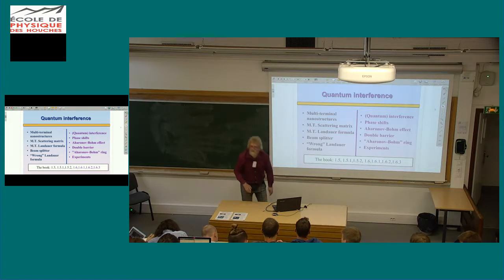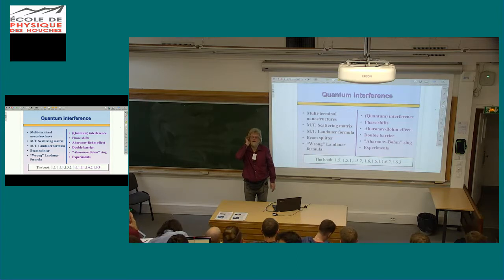Yes? In the formula, could we take into account the interference of incoming and right-going and left-going beams? No. We assume that it will be averaged out over large time scales.